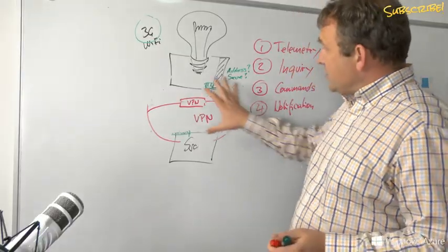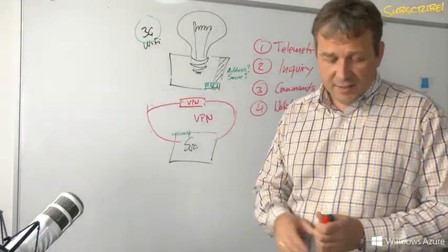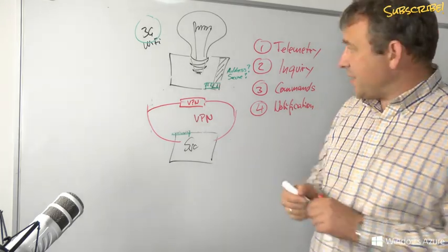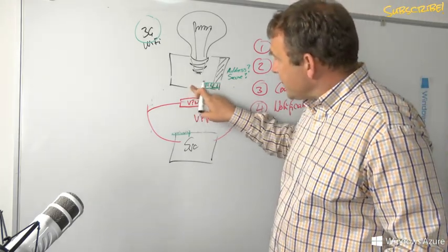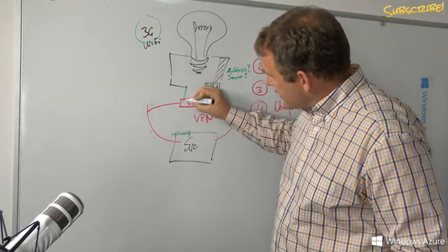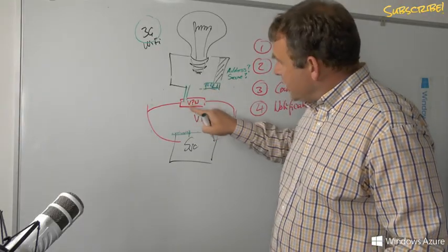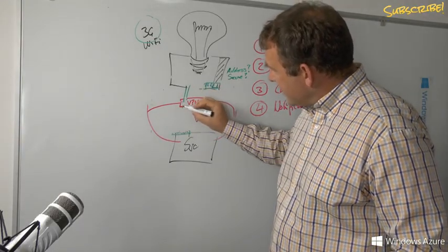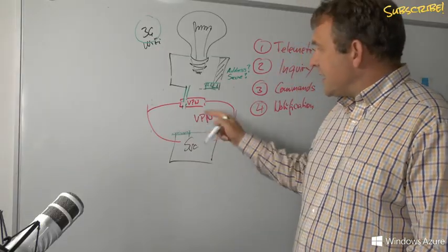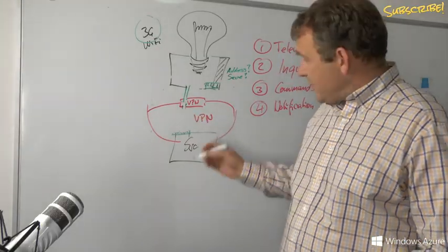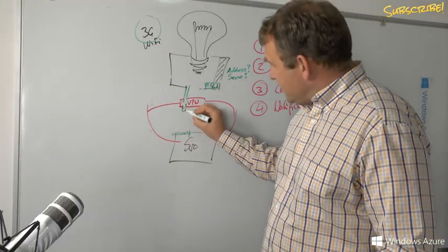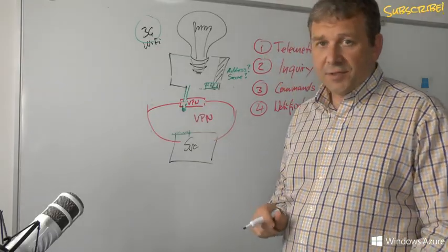And the device now still sits on the public internet space. What the device does is it creates a connection into that gateway, and that gateway maps that device into this VPN space and gives it effectively an address.